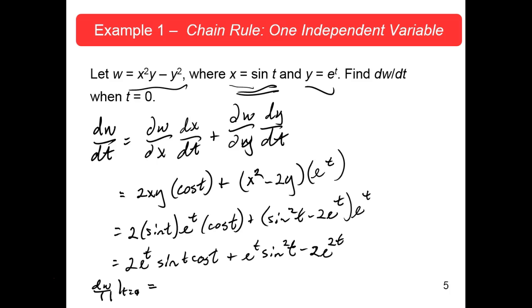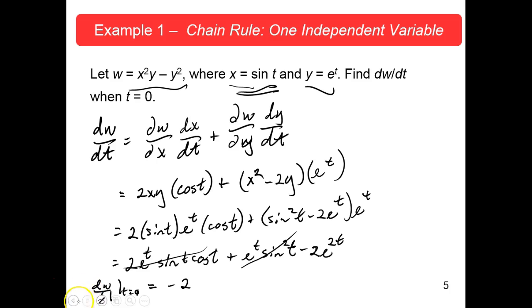Sine of 0 is 0. Cosine of 0 is 1. So since that's 0, this whole thing goes out. And since sine of 0 is 0, that one goes out. But here we have a minus 2 times e to the 0 is 1. So it's just minus 2. Yep, that's what it is.